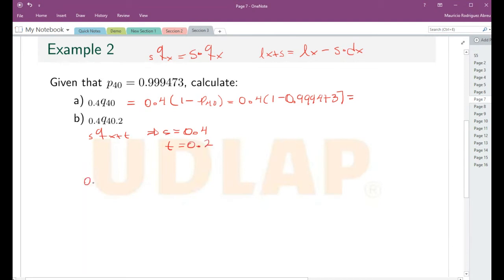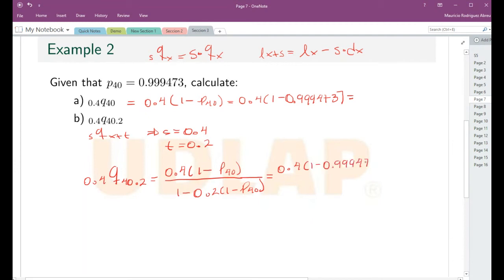And we can just solve this. Again, I don't know the value of that.